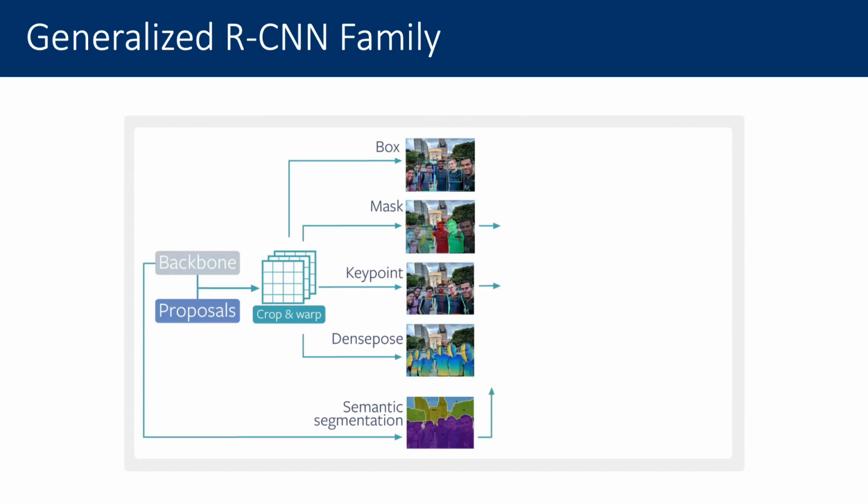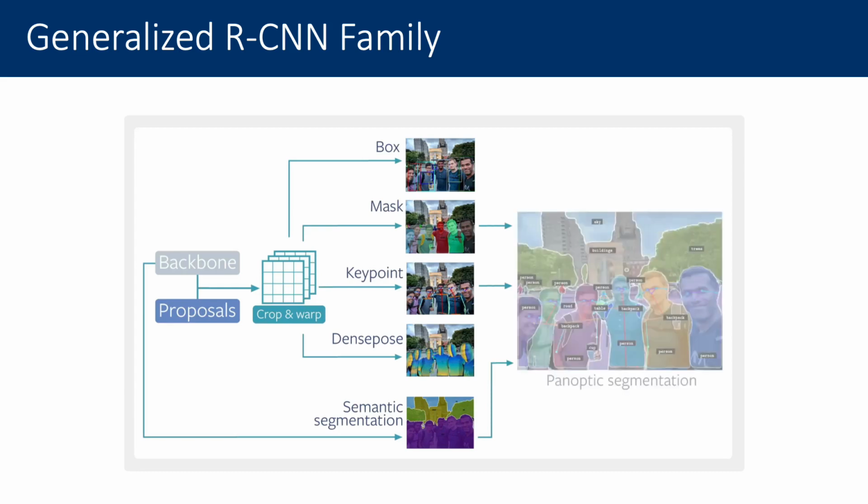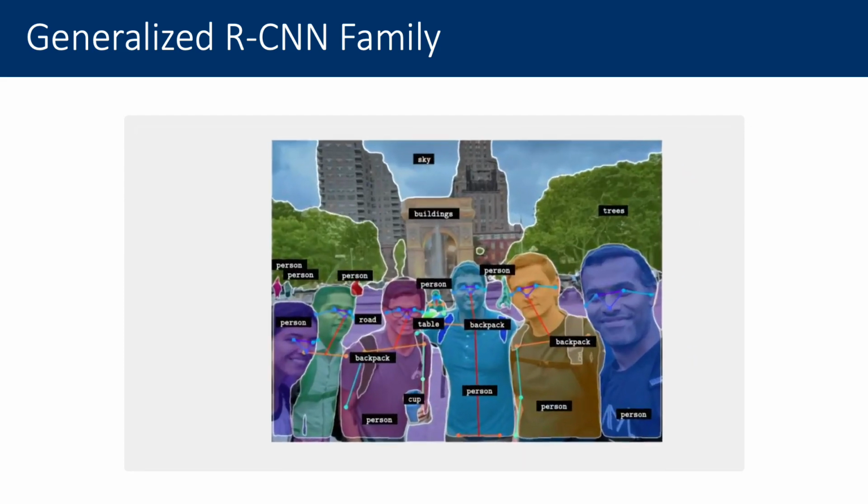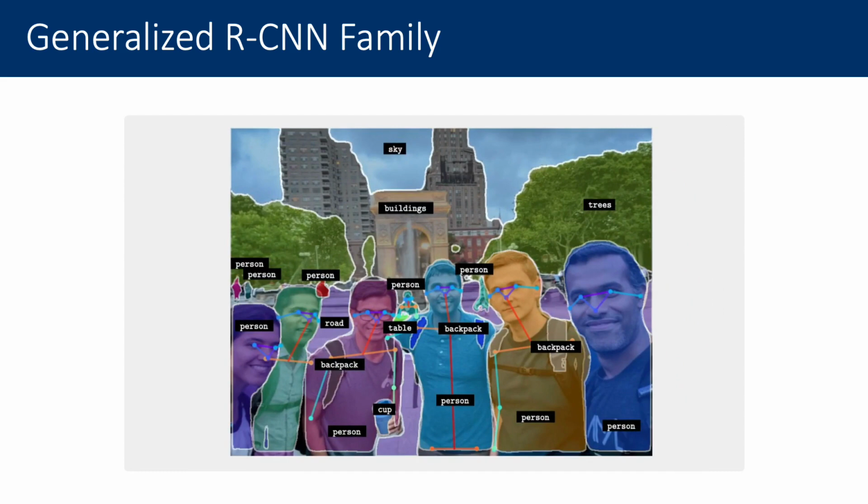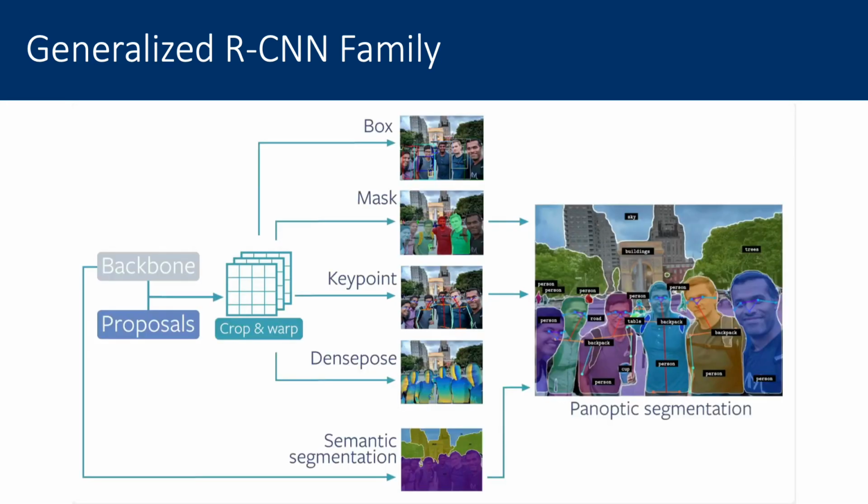We can also make image-level predictions using the image-level features, such as predicting a semantic segmentation mask. These predictions can be further combined into panoptic segmentation, which labels all the objects and background pixels in the image. These are only the common tasks that an R-CNN system is able to do.